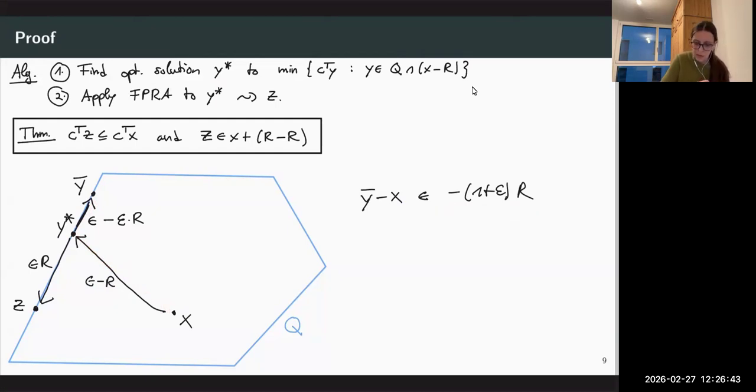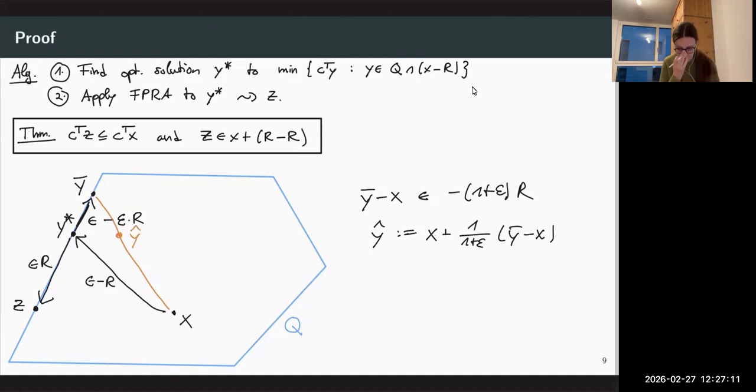And now here's the trick. Basically, what we will do is we'll look at the point y hat, which we define as x plus 1 over 1 plus epsilon times y bar minus x. So basically, I look at this line between x and y bar, and I'm not going all the way to y bar, but I'm just going a 1 over 1 plus epsilon fraction, and this is y hat.